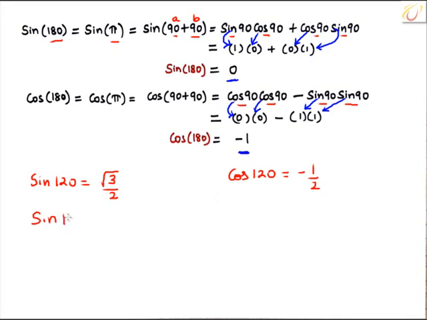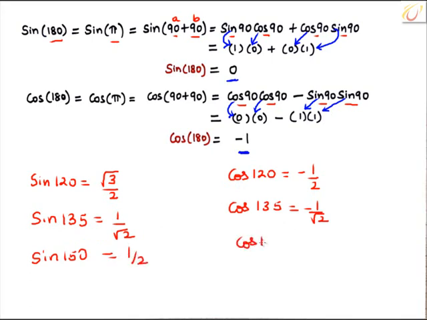Sin 135 was 1 upon root 2. Cos 135 was negative 1 upon root 2. Then we had sin 150 as half, whereas cos 150 was minus root 3 upon 2.